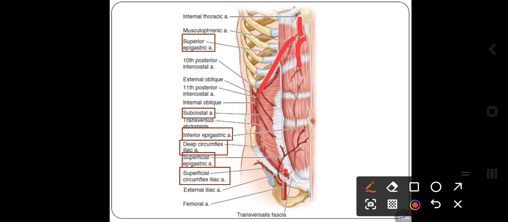External iliac gives rise to inferior epigastric and deep circumflex iliac. Femoral artery gives rise to superficial epigastric and superficial circumflex iliac. Okay?